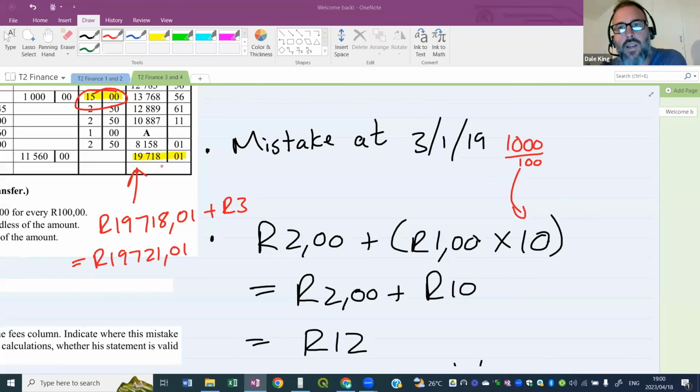Money comes in, money goes out. So if we leave it as it is, this value at the end, 19,718, is short by 3 Rand. So we need to increase the final value at the end of the month by 3 Rand. That's all we need to do. Okay, sir.